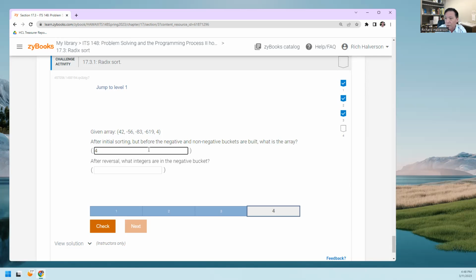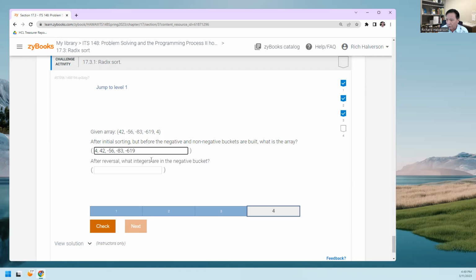The first one looks like it's 4, and then I'd say it's 42, and then minus 56, then minus 83, then minus 618.